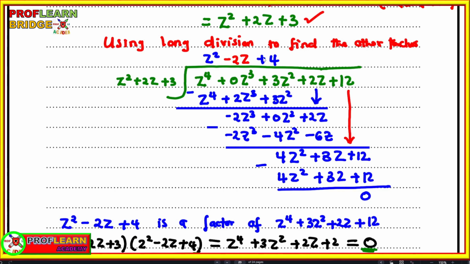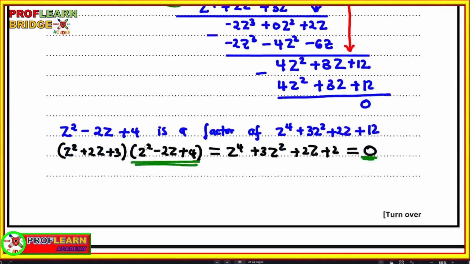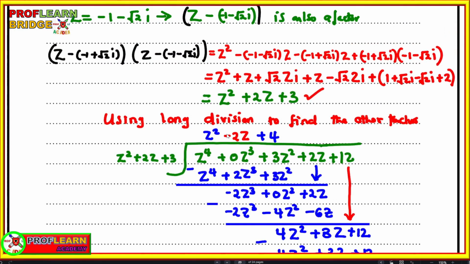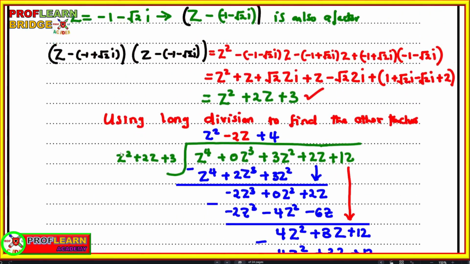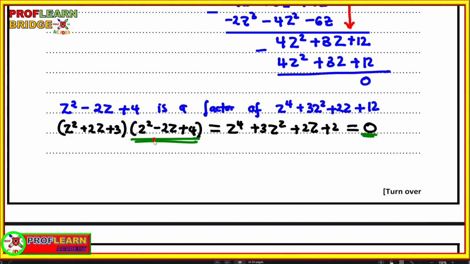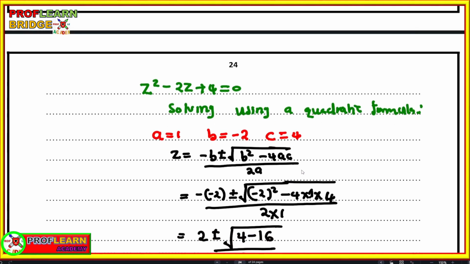Once you have this factor, because this is actually a quadratic factor, we are going to solve it, because this factor that we were having initially, this one times this one will give us this, and remember that was equated to 0, so we can say this part also can be equated to 0. Then we solve that quadratic using the quadratic formula.